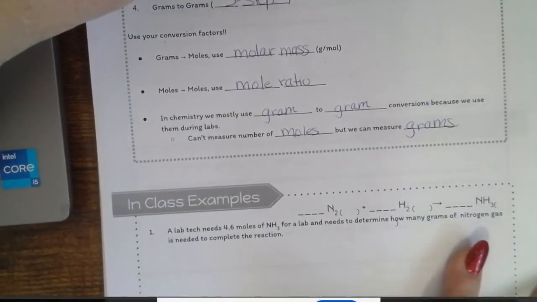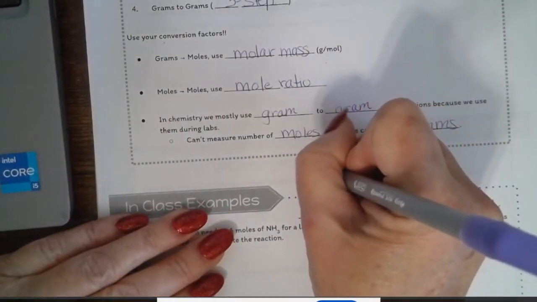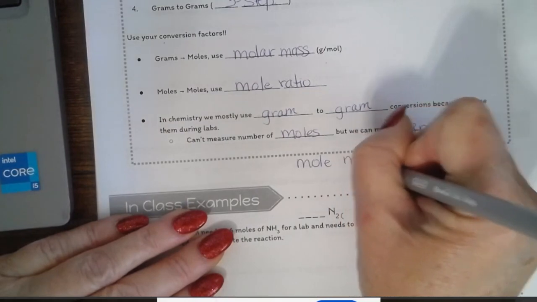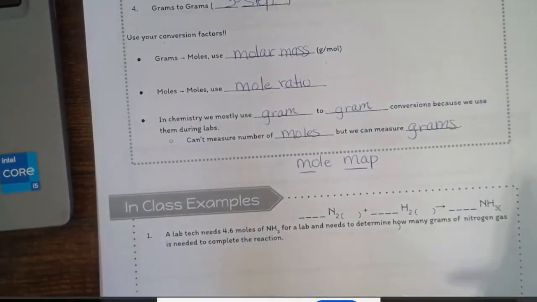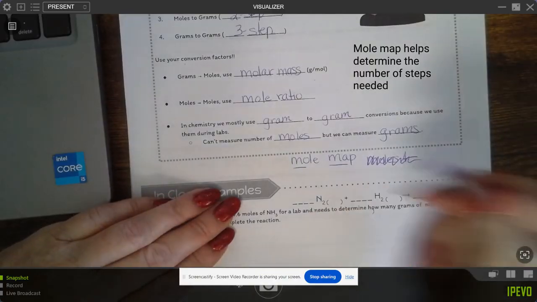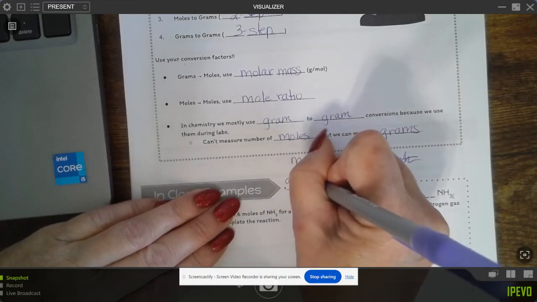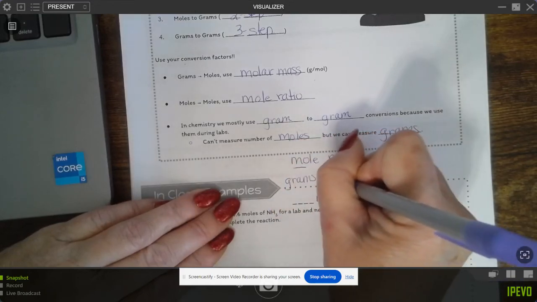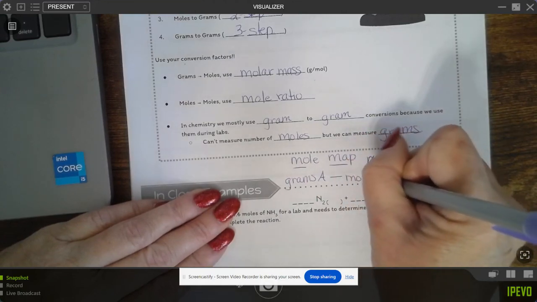Now I want you to write something on your paper, and I call this the mole map. The mole map starts with grams of A, which we can convert to moles of A using the molar mass.